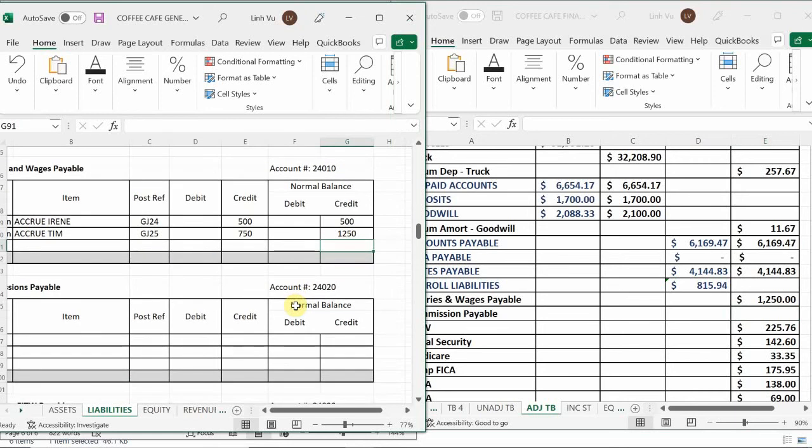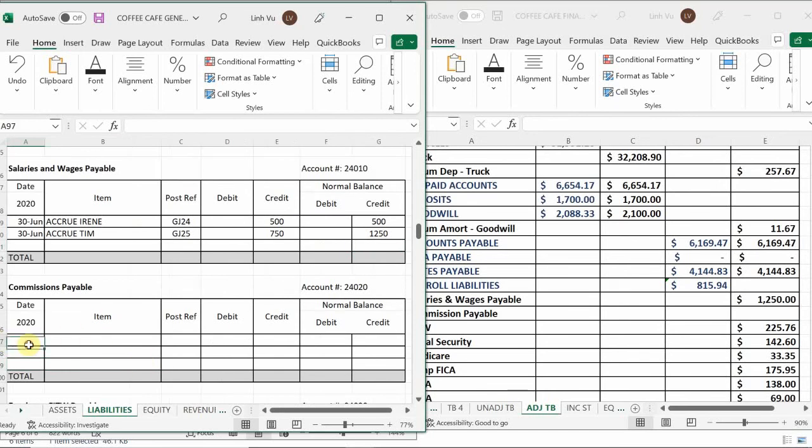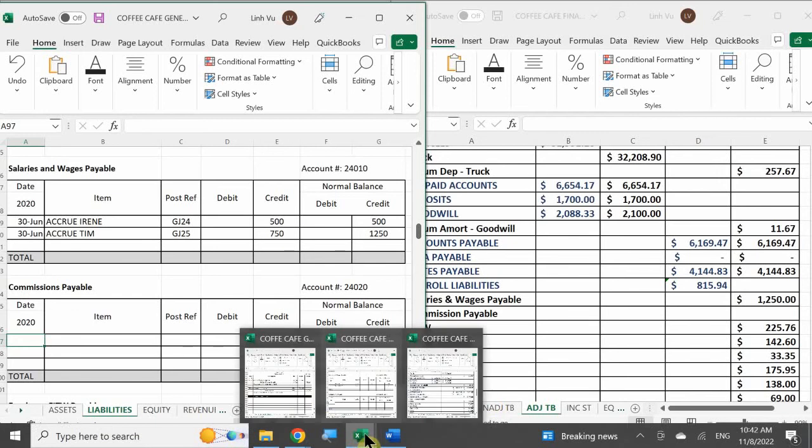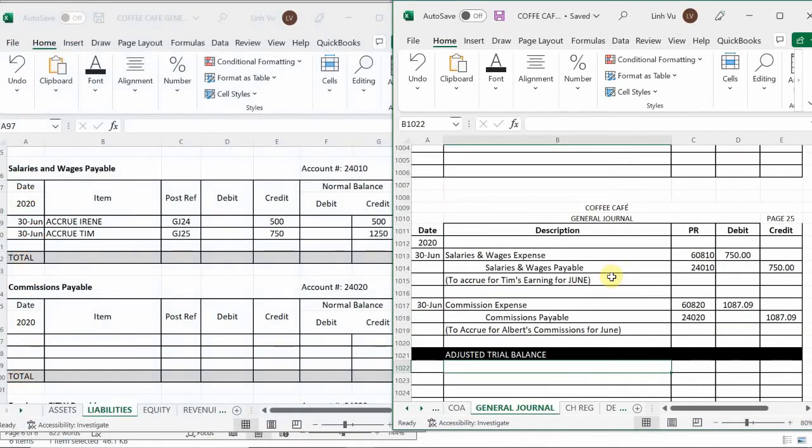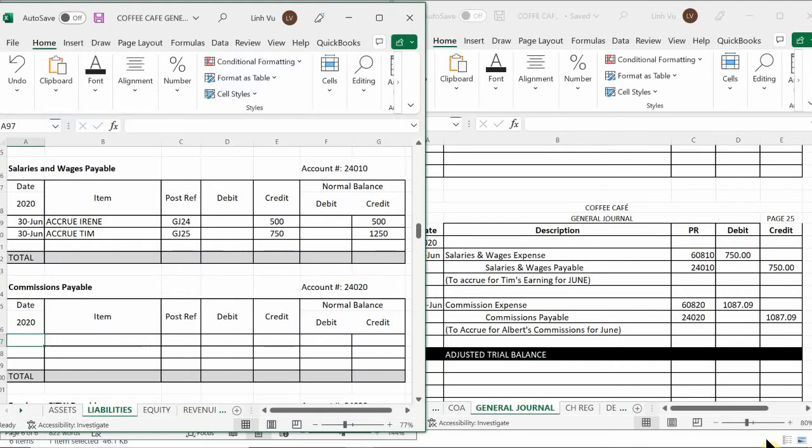And my commissions. Oh, did I not do commissions? Did I not update my commissions payable for, what was it? My commissions payable was for 108709, Albert's sales for June.